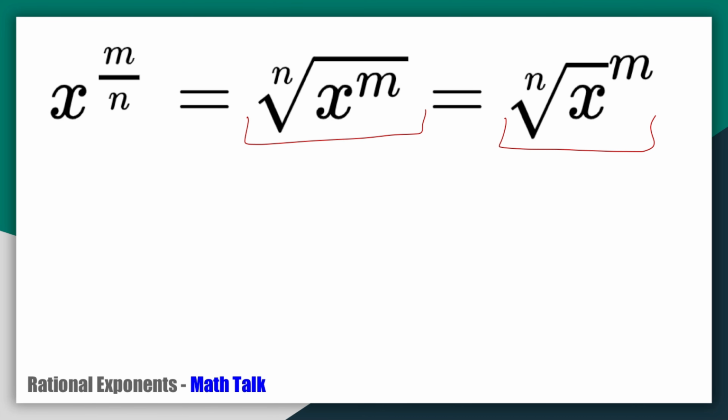When we look here, we see nth root, m power, but look at the location of m. It is inside of your radical. And then over here, look at the location of m. It is outside of the radical. So which one do you do first? And this is saying, look at these 2 equal signs here. We're saying that these are the same thing, okay?